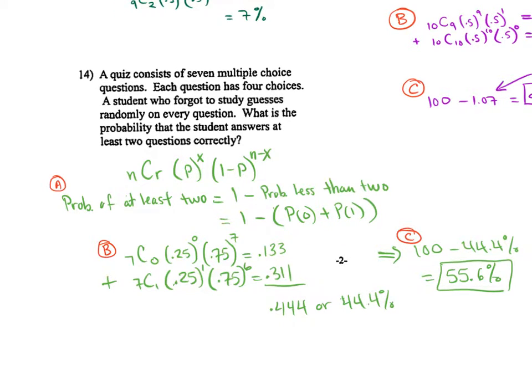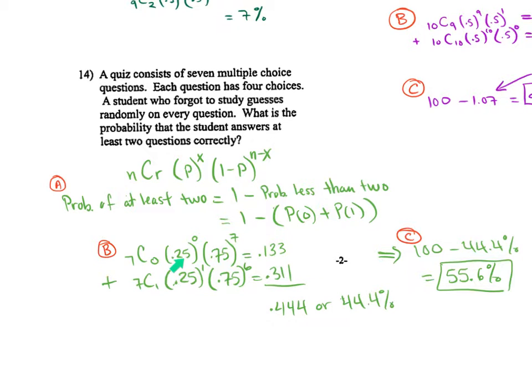All right, so then we need to find the probability of 0, which is 7C0, times 0.25. And the reason why that's 0.25 is because there's 4 choices, and only one of them is right. So that's 1 out of 4, which is 25%. So you have a 25% chance of success if you randomly guess.